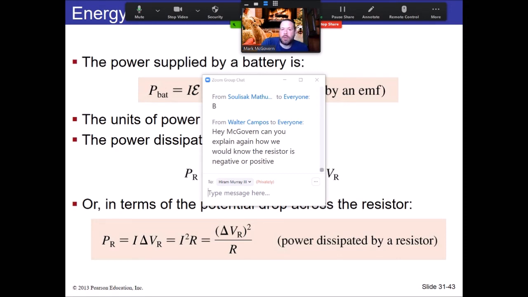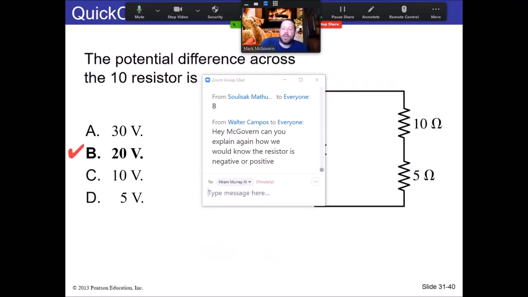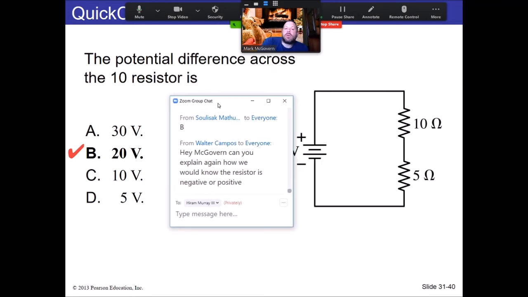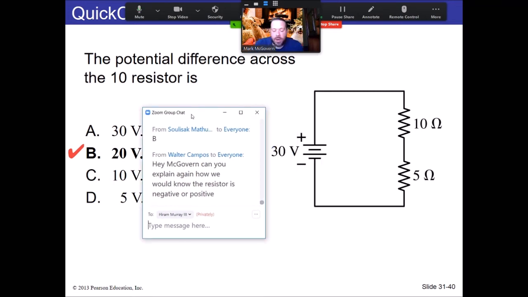Let me go back. Walter had a great question here. How do we know that the resistor is positive or negative? It depends on how you walk using the loop law. Now, I decided in this problem that my current in the circuit was clockwise. That means the current is going down like this.